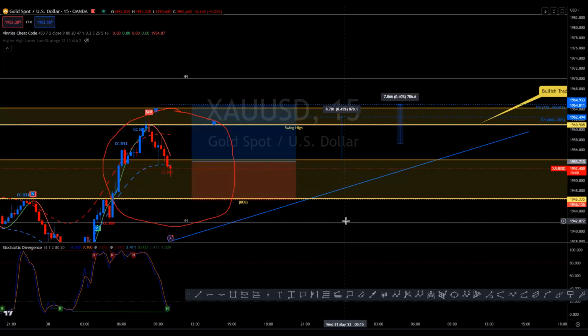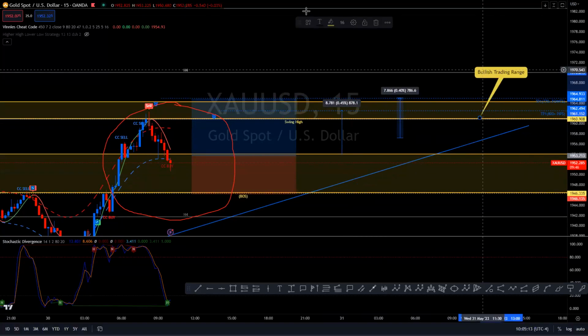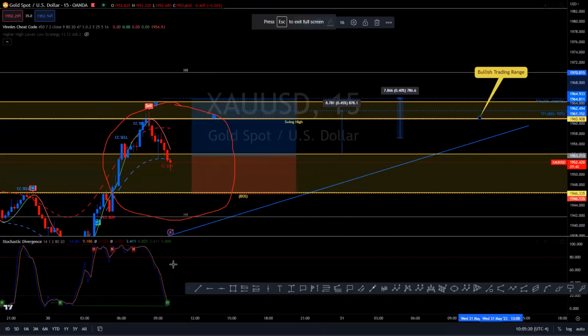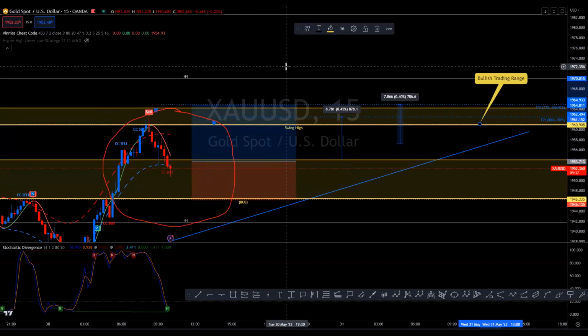Might start to buy up on the next candle. We're going to sit our hands away until that candle starts moving. Next candle will not pump out.